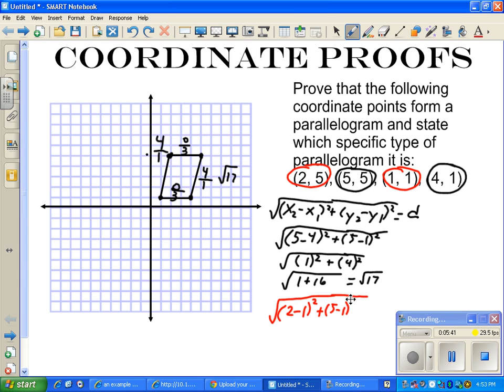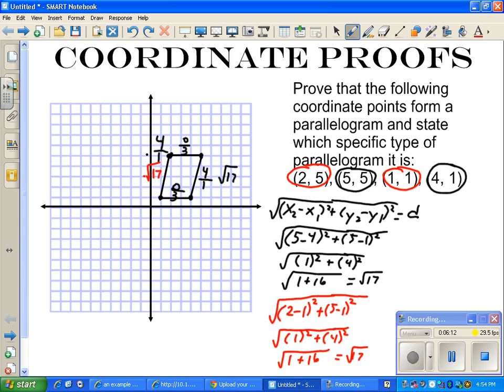Okay, so when we simplify this, 2 minus 1 is 1. Again, if you can already just put 1 as that simplified version, that's fine. And then 5 minus 1 is 4 squared. And hopefully this is looking pretty familiar from up above. Well, if we square that, we have 1. And then square 4, we have 16 to get the square root of 17. So as you can see, this other side is also the square root of 17.